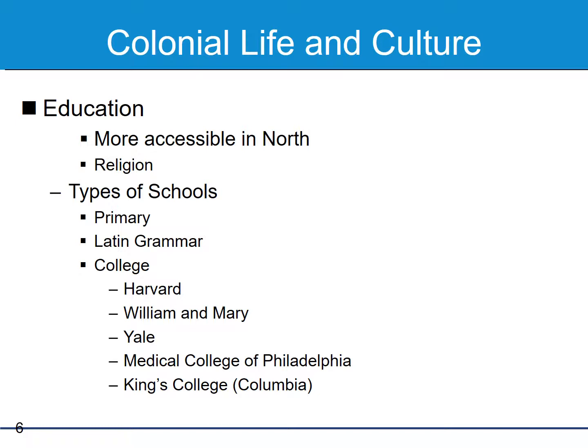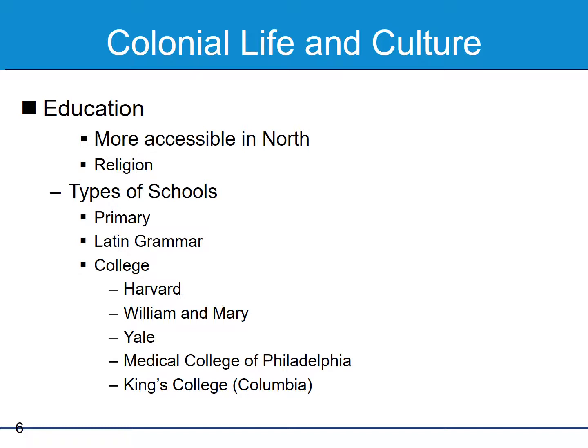Then the second type of school was the Latin grammar school. Fewer people went to the Latin grammar schools. You usually only went to the Latin grammar school if you were going to go to college. At this time, you had to speak and read Latin in order to go to college, because the college courses were in Latin.